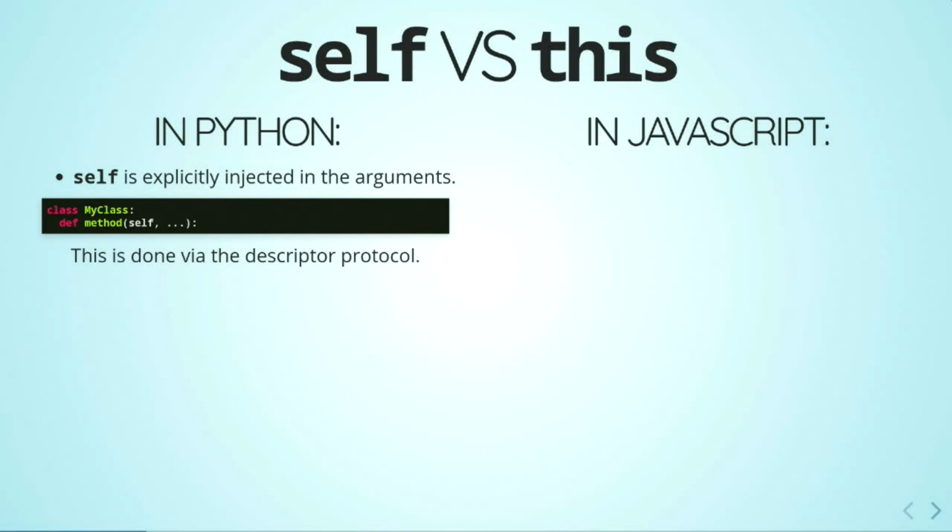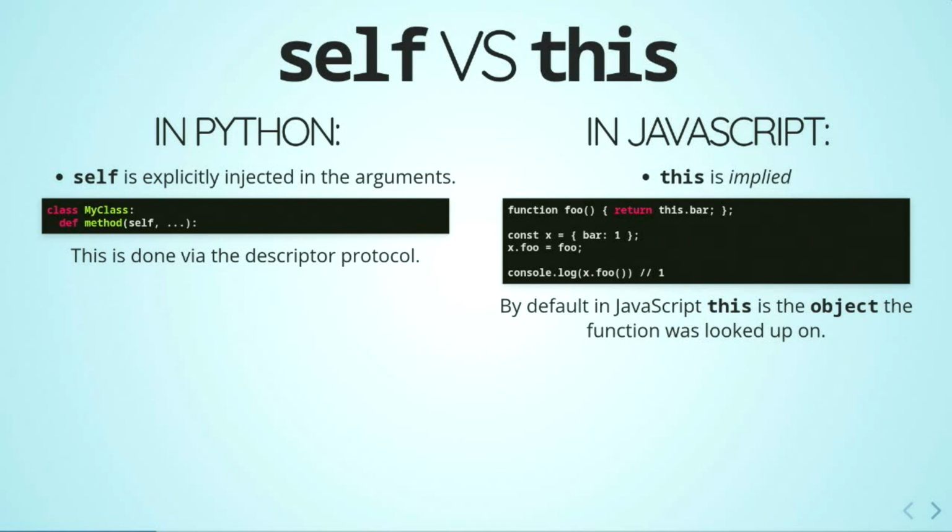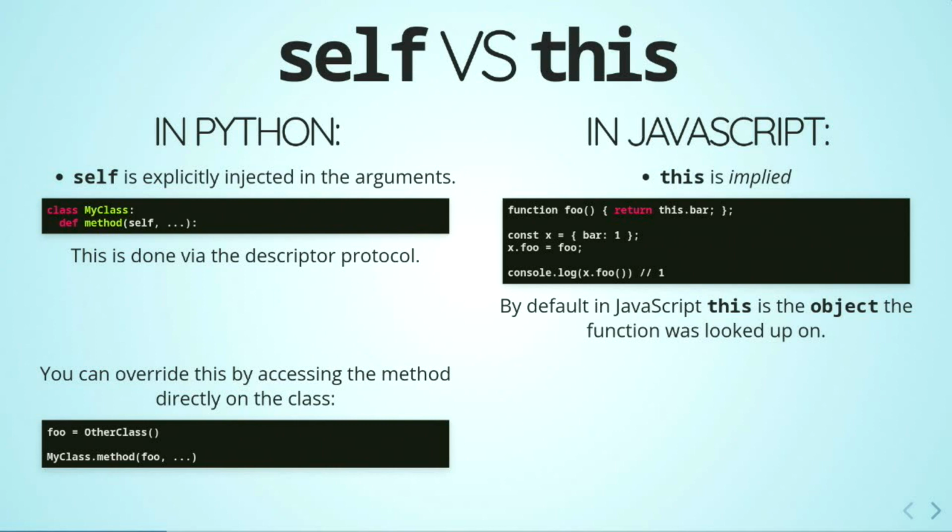In JavaScript, it's a little different. What happens is you have a this object, which is the scope from which you were called. If you are called via looking up another object, then that object is your this. You can actually play with that and lose that if you're not careful when passing functions around. In Python, we can actually trick Python into injecting a different self or a different class.